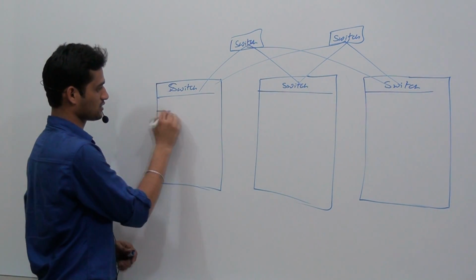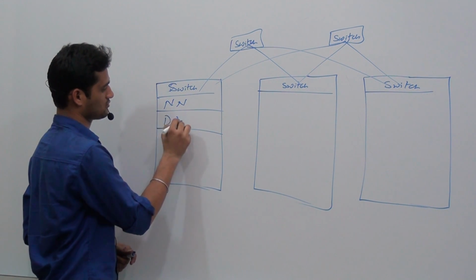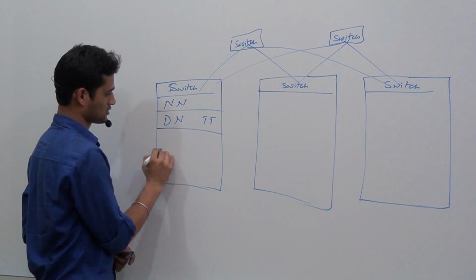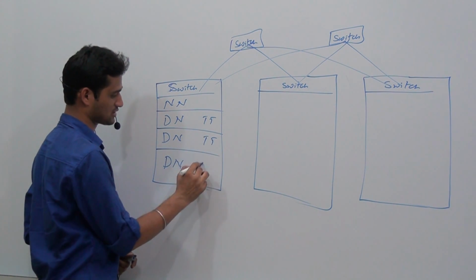Now what I am doing is I'll take some name node here, and I'll take some data node and task tracker here. Here also I am taking some data node and task tracker. Now here also I am taking some data node and task tracker.